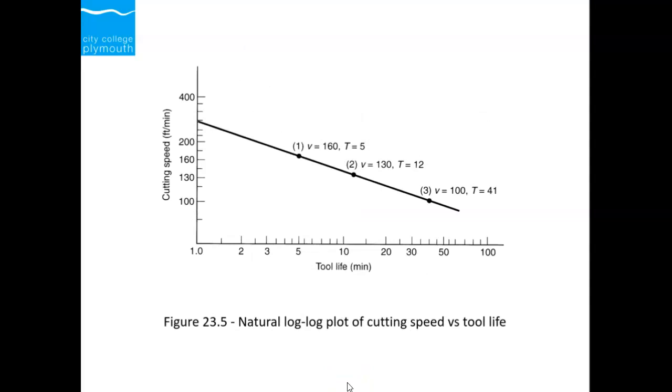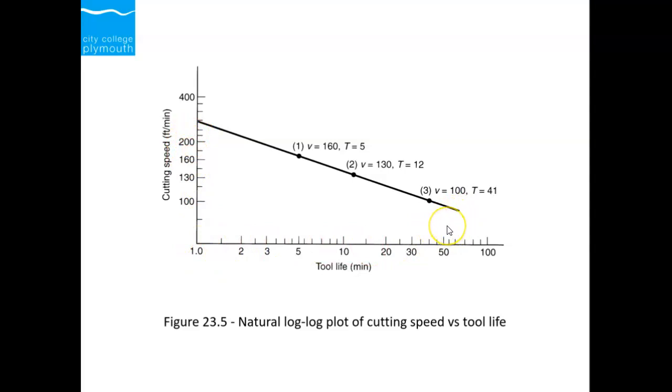Okay, now this is a graph between the cutting speed on the y-axis and the tool life, which is in minutes. The cutting speed is in feet per minute, how many feet it's cutting per minute. If you have a low cutting speed, the tool life is very high.